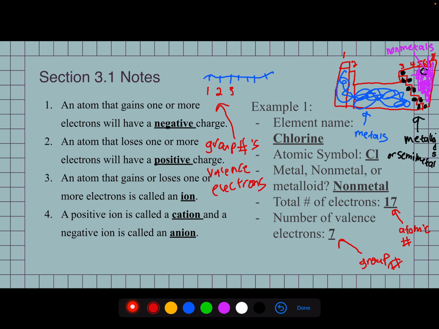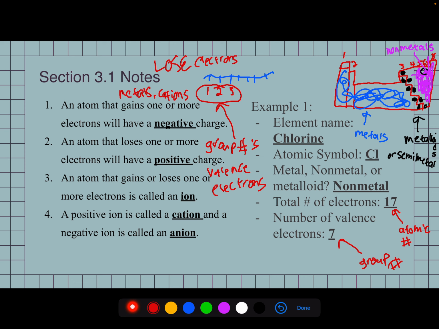All right. So if your element falls in group 1, 2, or 3, these guys are going to be your metals and your cations, which also means they're going to want to lose their electrons.